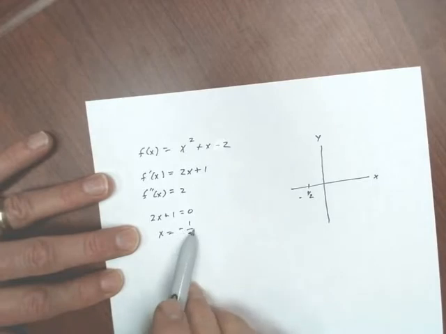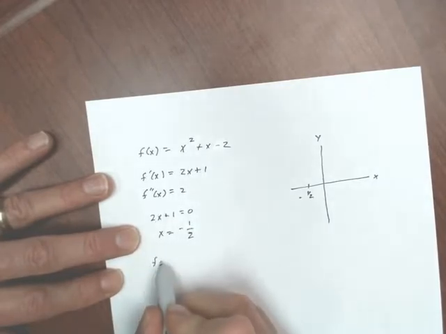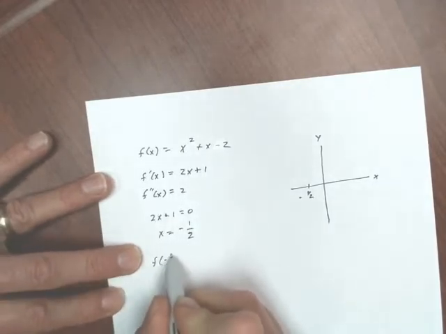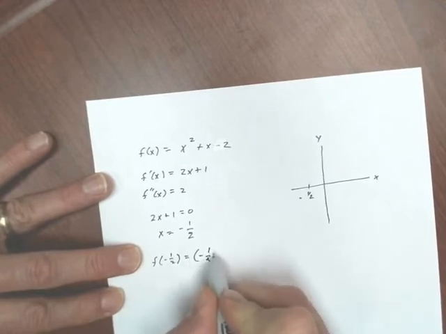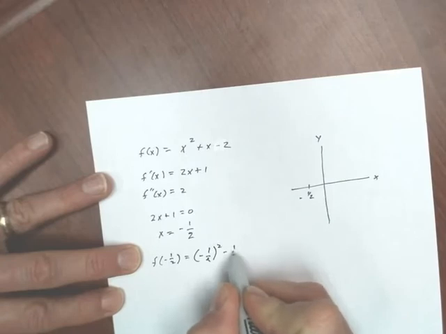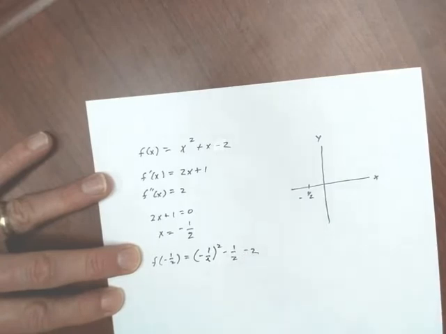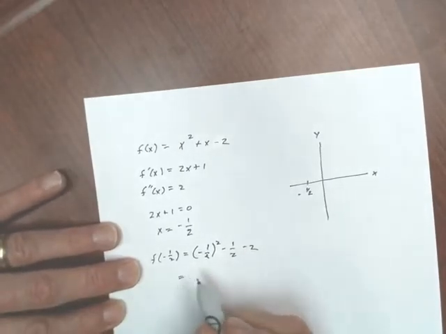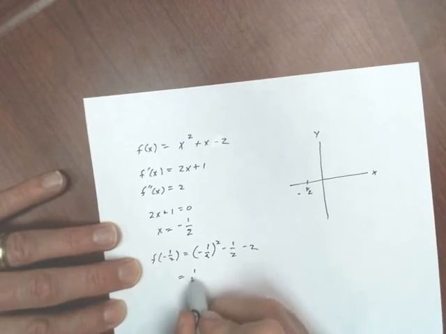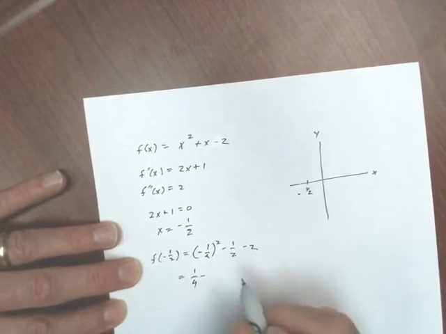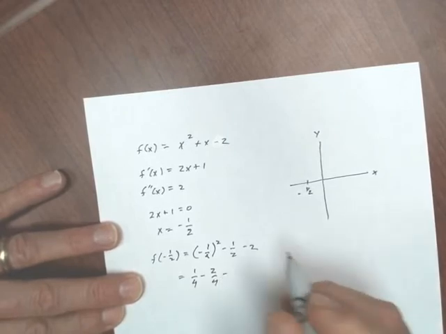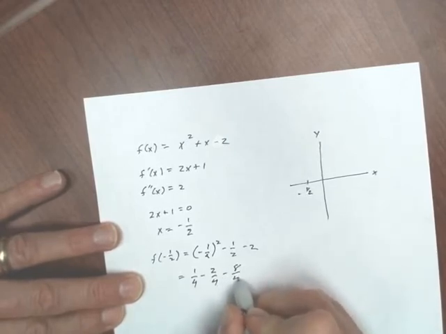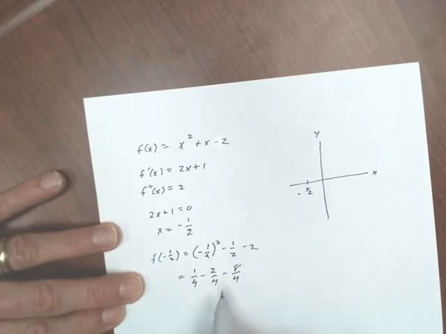We need to find the y-coordinate of that minimum, so we're going to find f of -1/2, which equals -1/2 squared minus 1/2 minus 2, and this equals 1/4 minus 2/4 minus 8/4. Okay, just finding a common denominator as we go just makes it a little bit easier.